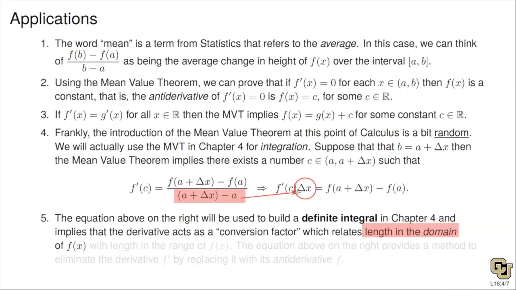And so here's length in the domain, and f of a plus delta x minus f of a, this is a height. This is measuring distance in the range. That's a length measurement. That's a height in the range.